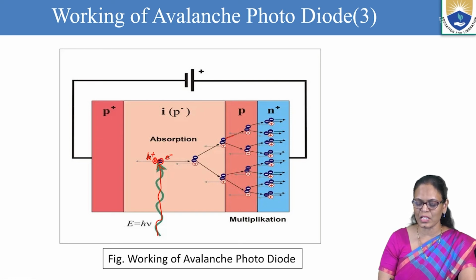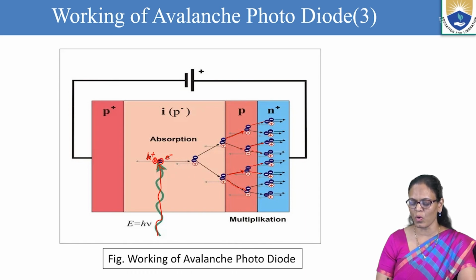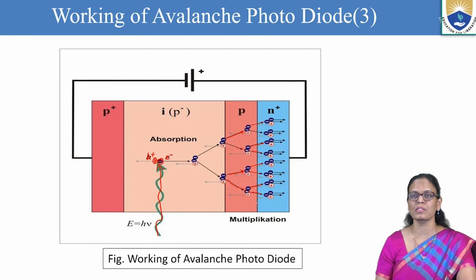Now this electron will go and hit and create more electron hole pairs, and the same way this one goes and hits and creates more, and this one too. Again here, this will create more. This is how the electron hole pair multiplication process goes on.